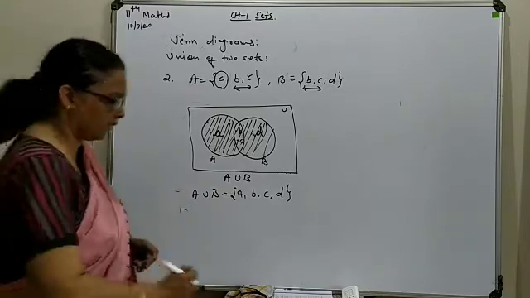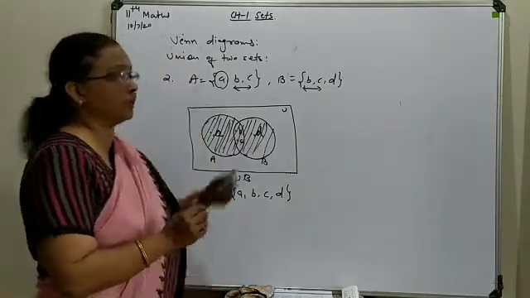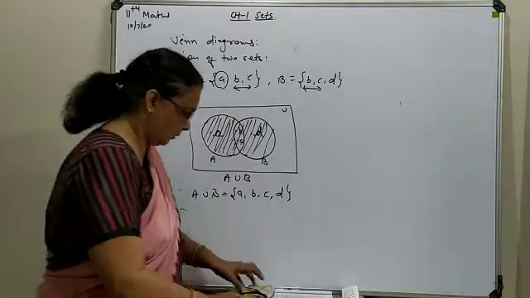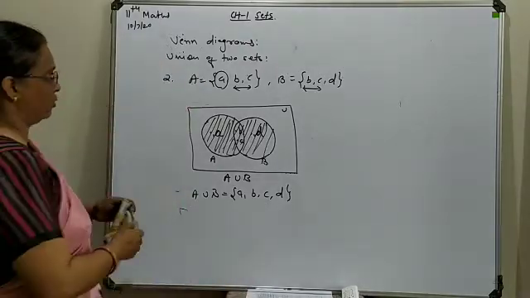Now one more case is there in which we can represent the union, that is if either of these two sets is a subset of the other. So in this case your Venn diagram will again change.